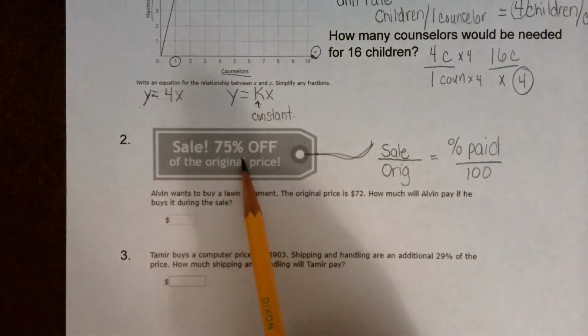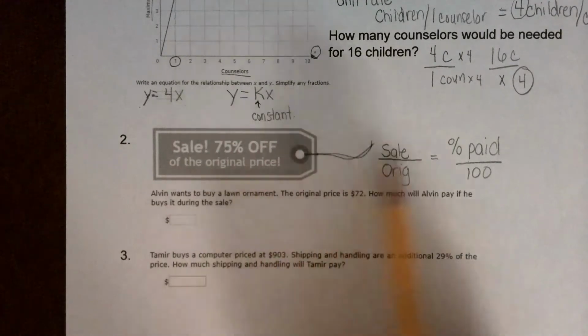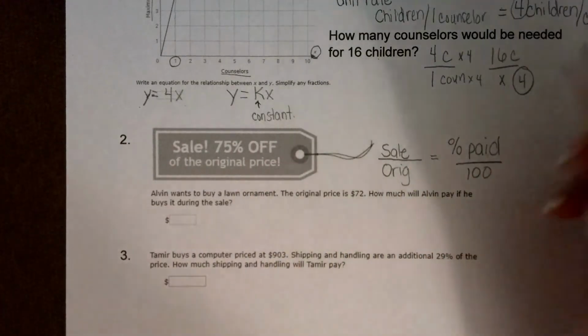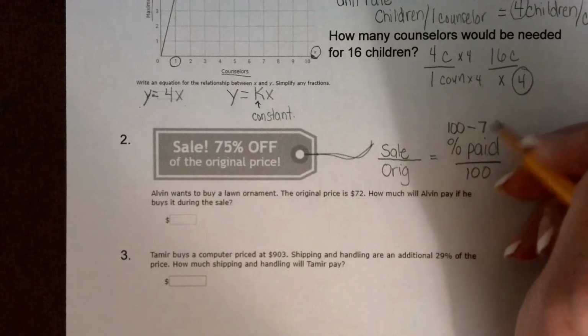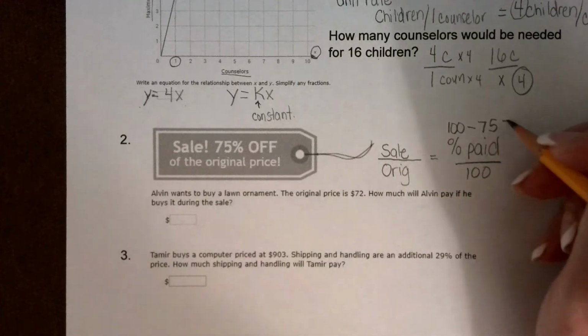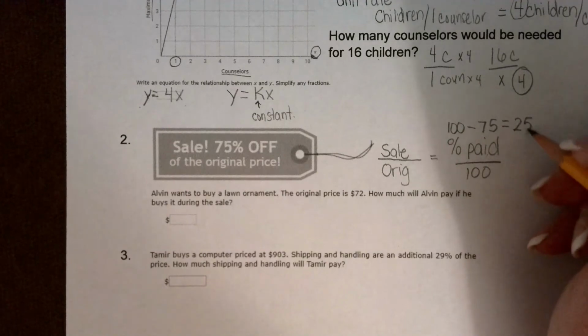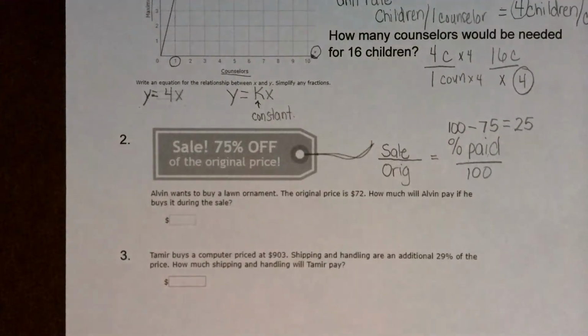And if we've got 75% off, to figure out that percent paid, I have to take my 100%, which is the whole price, and I'm taking the 75% off. So that's going to leave me with 25% that I'm paying.